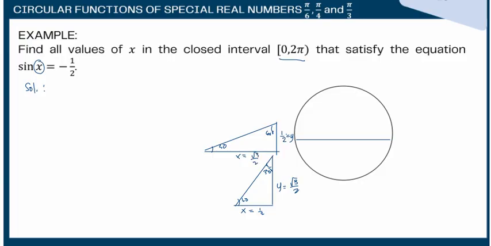So, we're looking at the multiples of 30, which is pi over 6. The values of pi over 6 are here, right? So, this is going to be pi over 6. Then 1, 2, 3, 4, 5, so this is going to be 5 pi over 6.